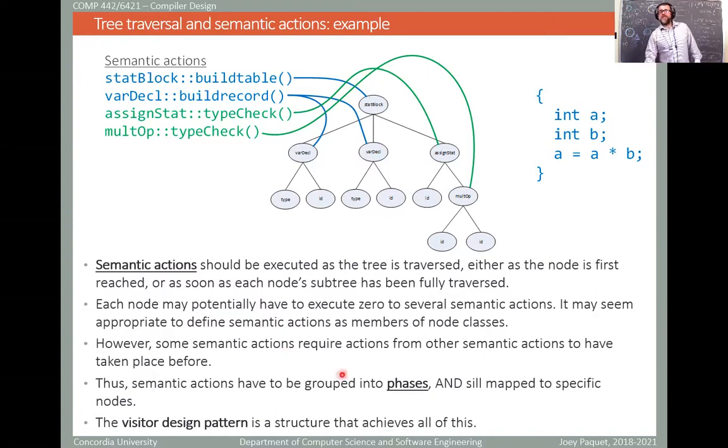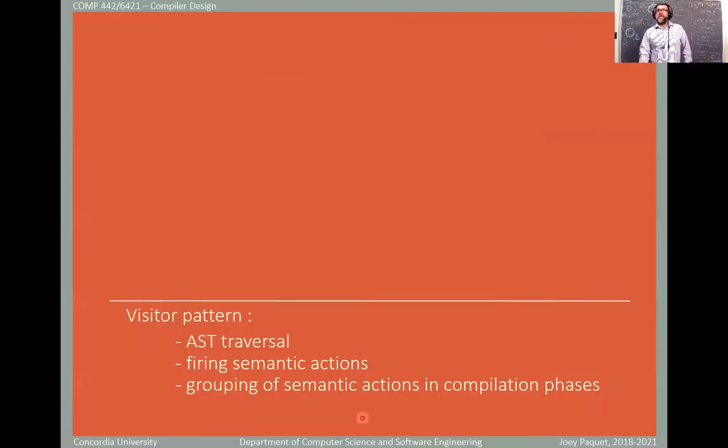The thing with the visitor design pattern is that it provides a solution to this entire problem. So what is the visitor pattern? Essentially it allows you to do the traversal of the tree, it allows you to fire semantic actions, and it allows you to group semantic actions. So it actually provides the totality of the solution that we're looking for.